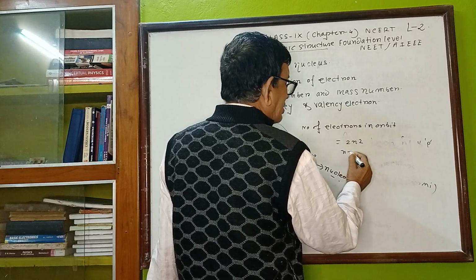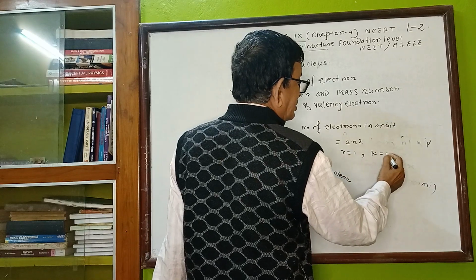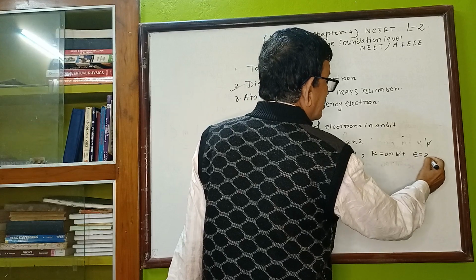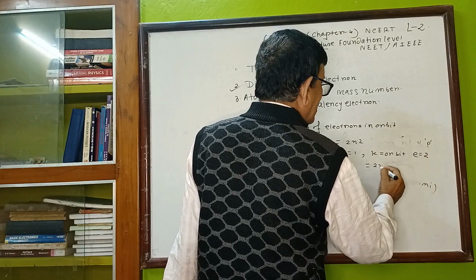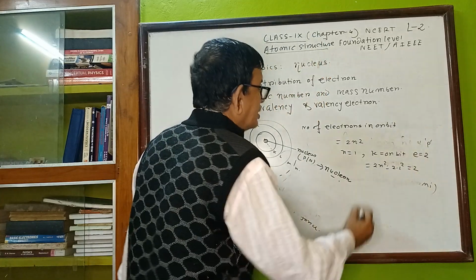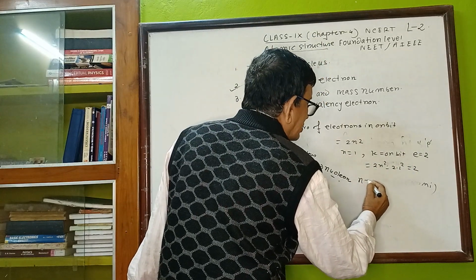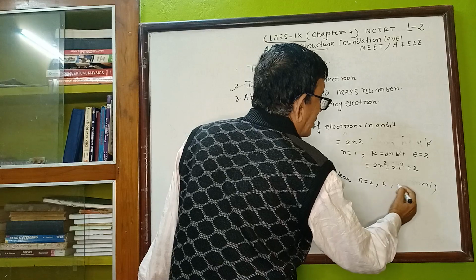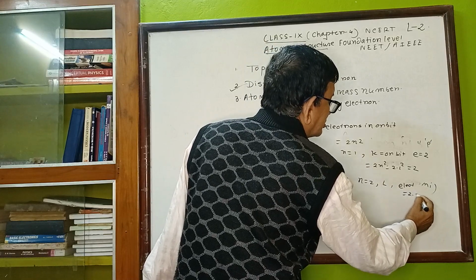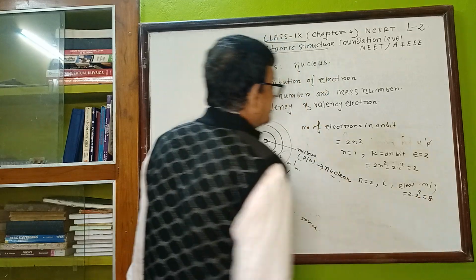For n equal to 1, we get K orbit having electrons equal to 2, because 2n square, 2 into 1 square, that is 2. If n equal to 2, we get L orbit having electrons 2 into 2 square, that is 8.